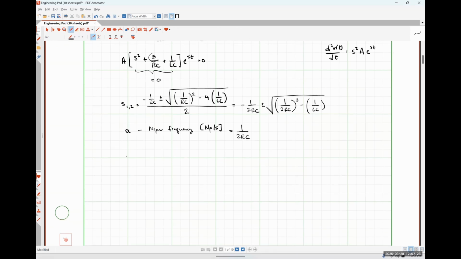The other thing that we're going to define is our resonant frequency, omega naught. So resonant frequency is going to be measured in radians per second. And it wears a lot of different hats in electrical engineering, mechanical engineering, all of that kind of good stuff, okay?